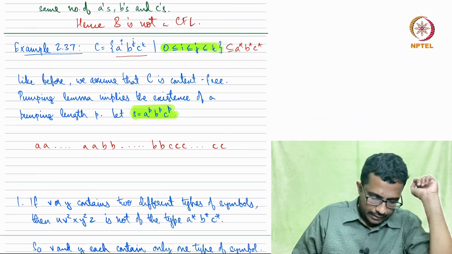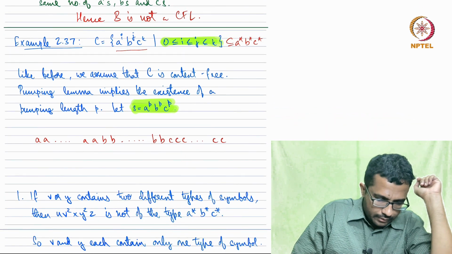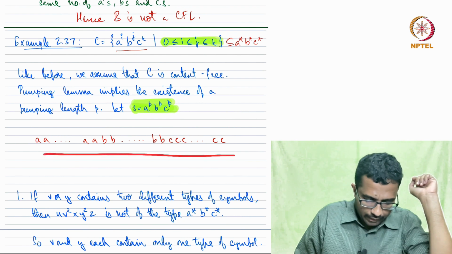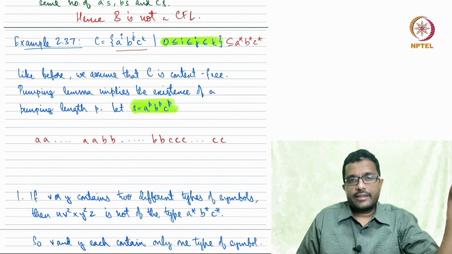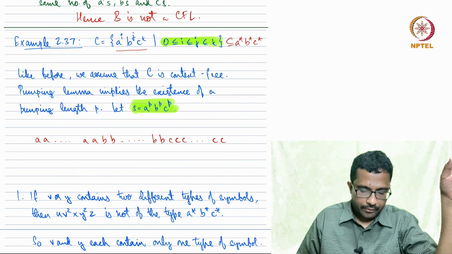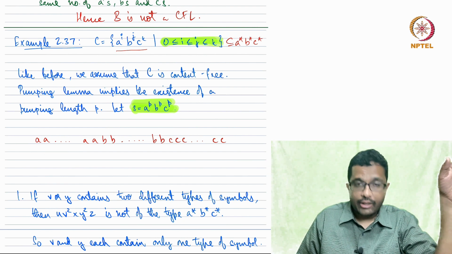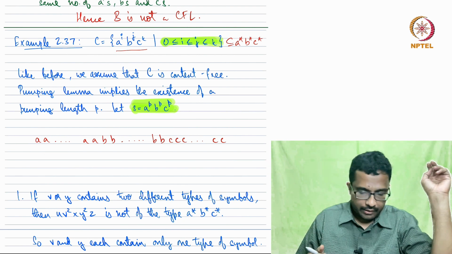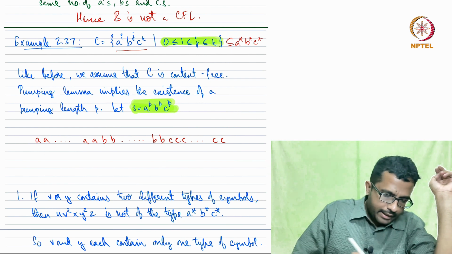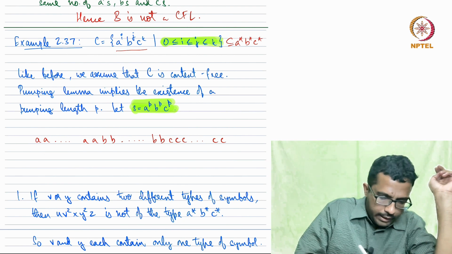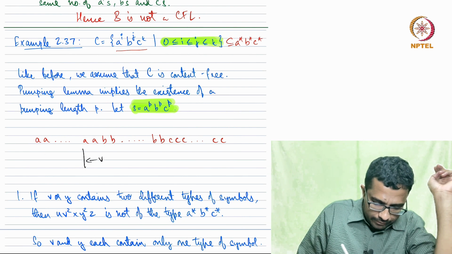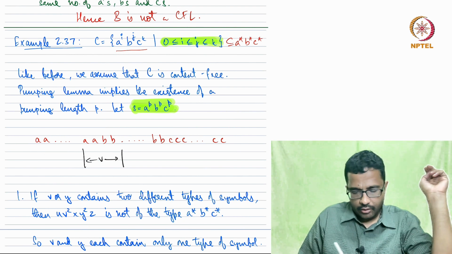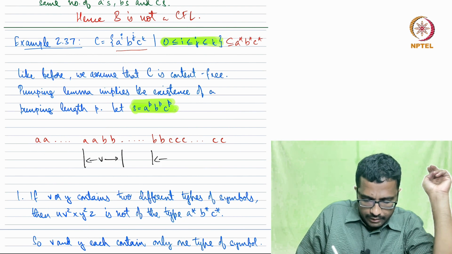So I have written the string expansively here. Again, let's try to reason why this cannot be split as u, v, x, y, z. Once again, like before, suppose v was in this boundary, or v was in this boundary.